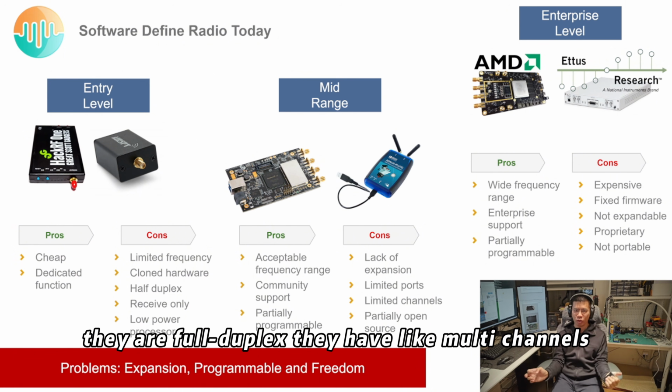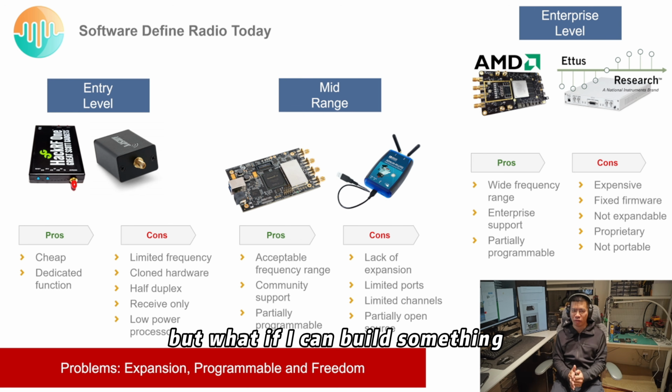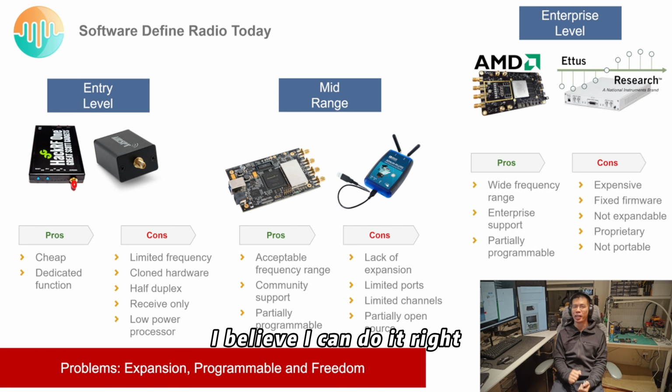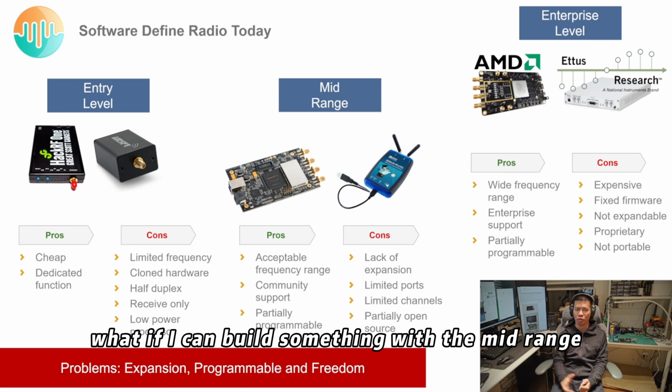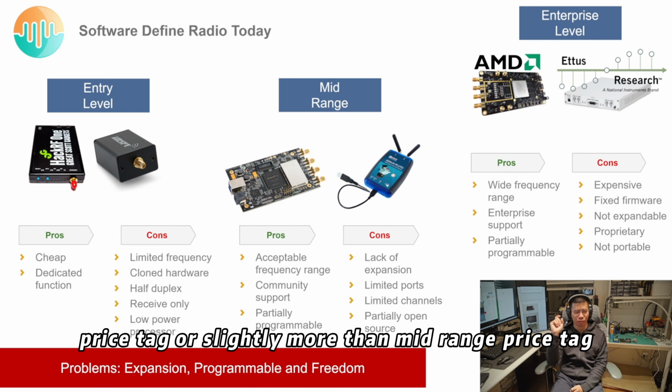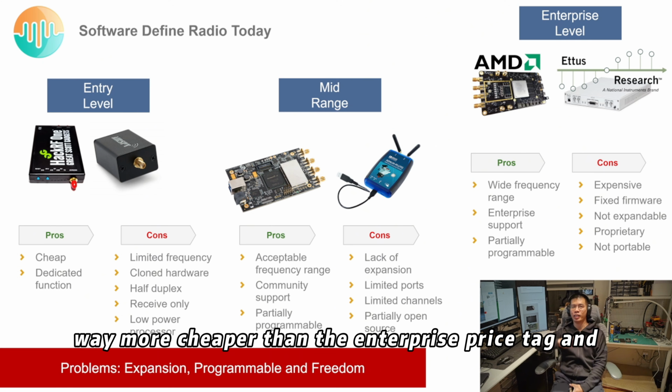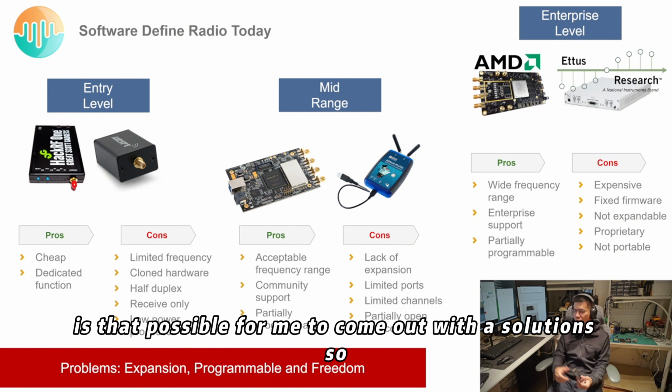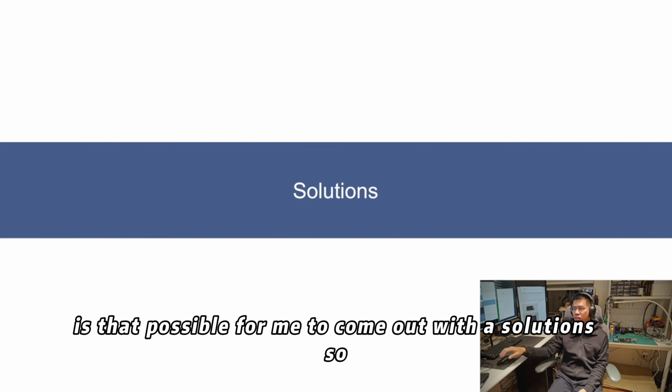They are full duplex. They have multiple channels. But what if I can build something? I believe I can do it, right? What if I can build something with a mid-range price tag, or slightly more than a mid-range price tag, way cheaper than the enterprise price tag? Is it possible for me to come up with a solution?